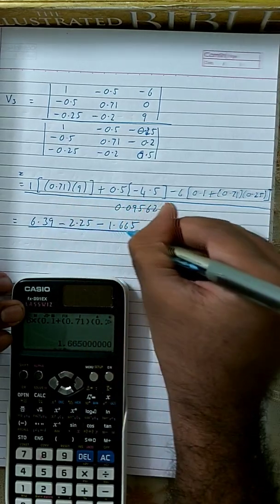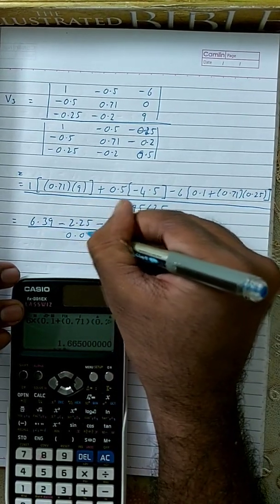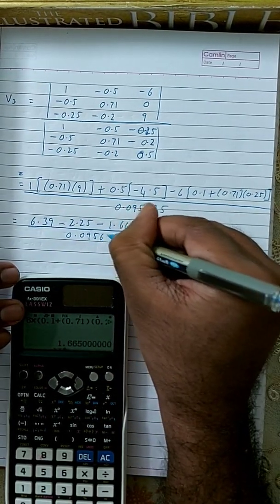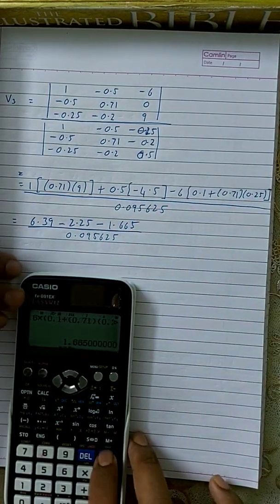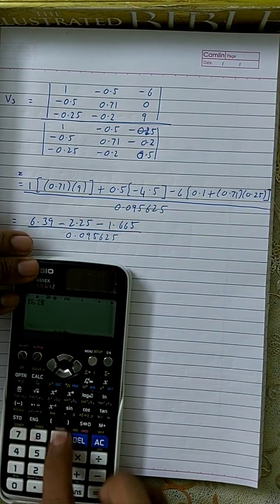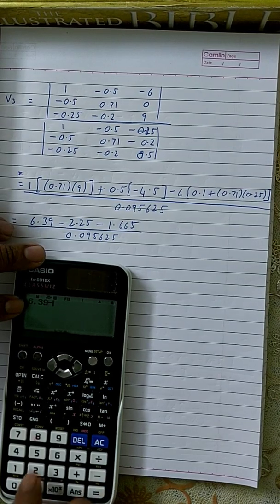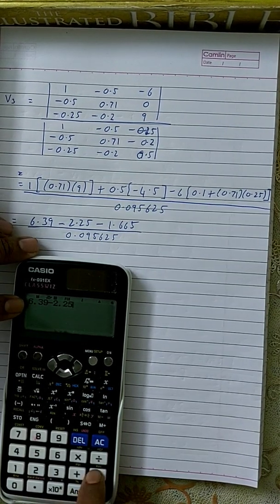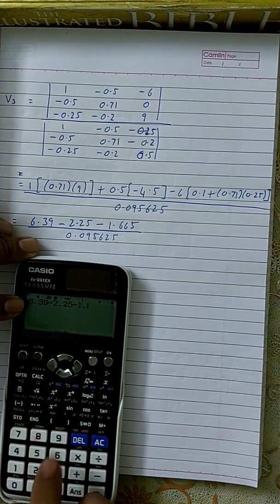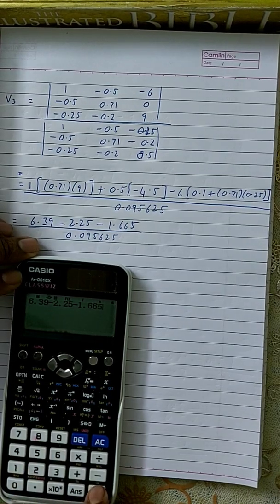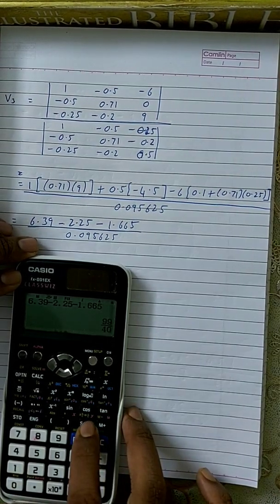So the numerator is 6.39 minus 2.25 minus 1.665.